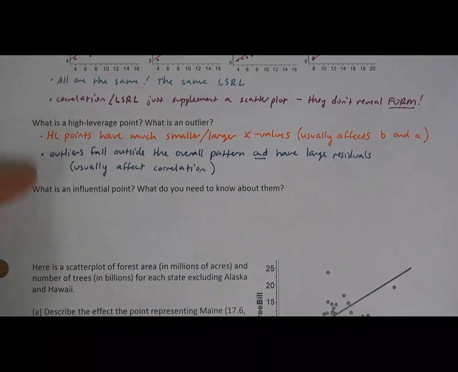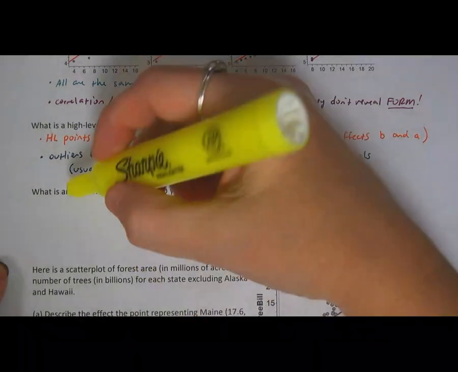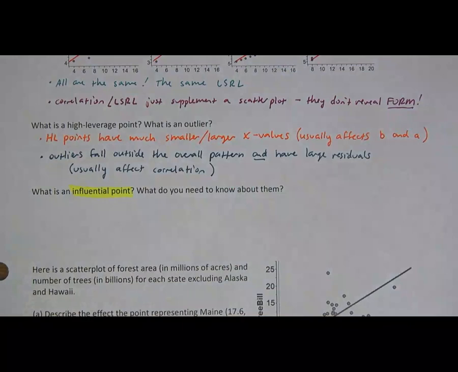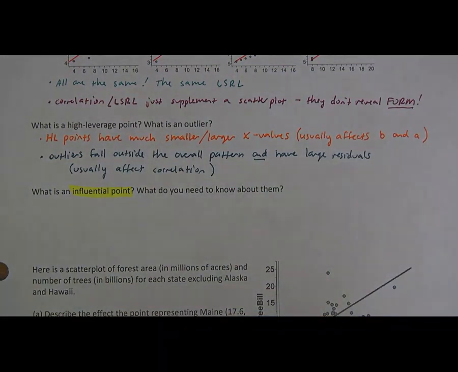Now both of those, both high leverage and outliers, are considered influential points because they influence all kinds of things about the data.